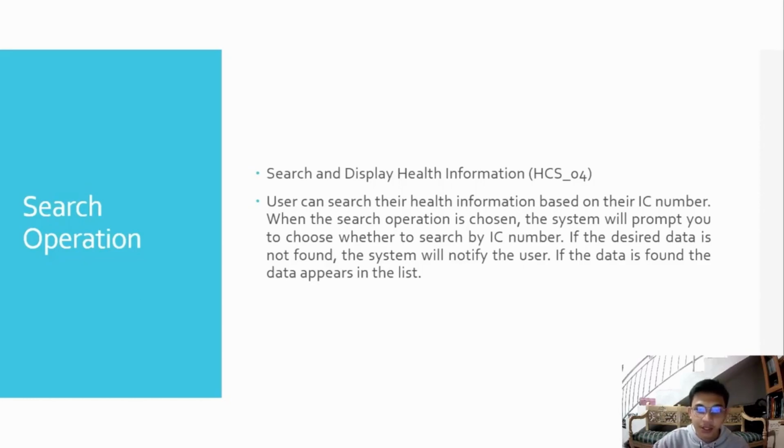When the search operation is chosen, the system will prompt you to choose whether to search by IC number. If the desired data is not found, the system will notify the user, and if the data is found, the system will notify the user too, and the data appears in the list and also the input.